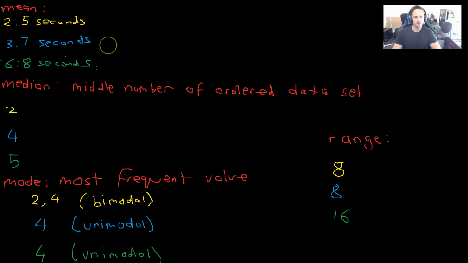I would say that there is a large difference between dataset 1 and dataset 3. Dataset 3 is almost 3 times as large as dataset 1. There's a slight similarity between dataset 1 and dataset 2, and the difference is larger between dataset 2 and dataset 3. So that indicates the first attempt of the game, not so good. The second attempt, slightly better. The third attempt, significantly better for most people.